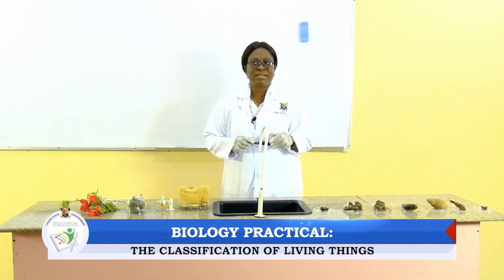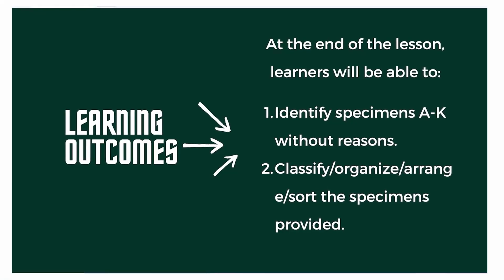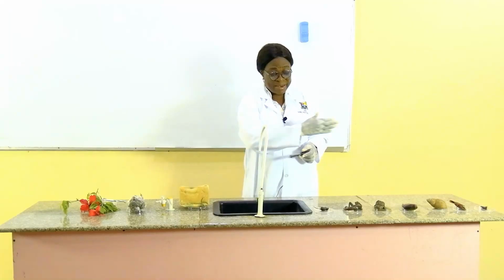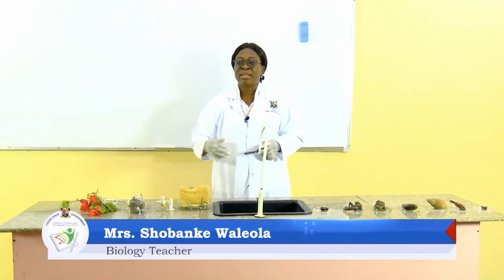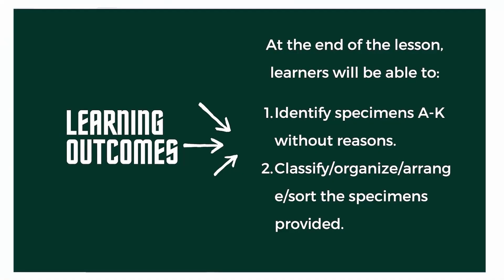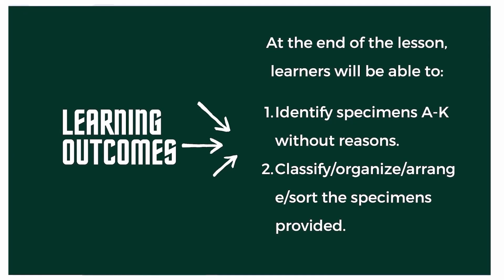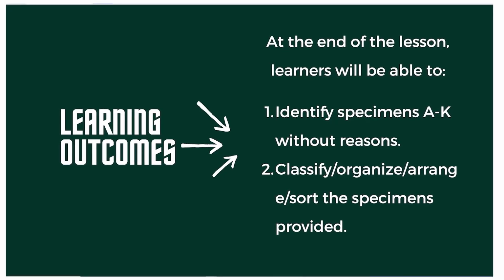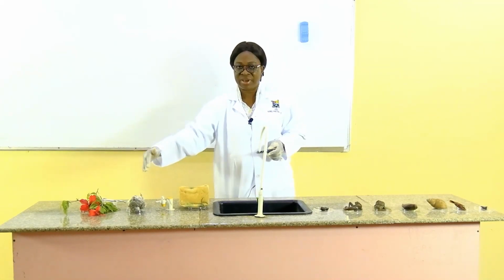At the end of this lesson, the learners will be able to, number one, identify specimens A to K. Secondly, learners will be able to classify, organize, or arrange, or sort the specimens that are provided.